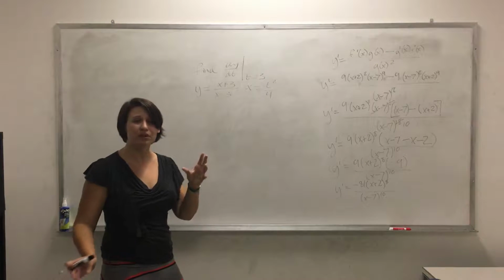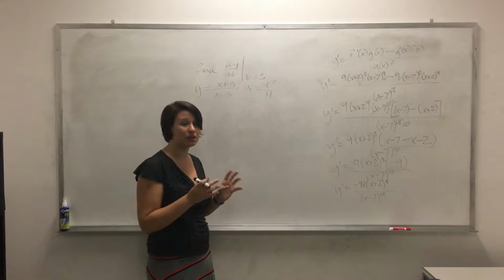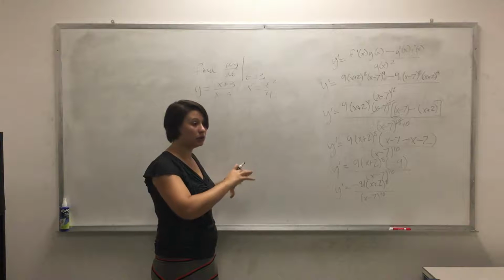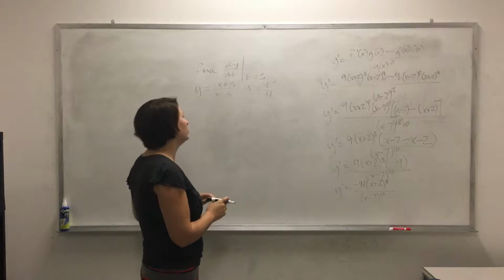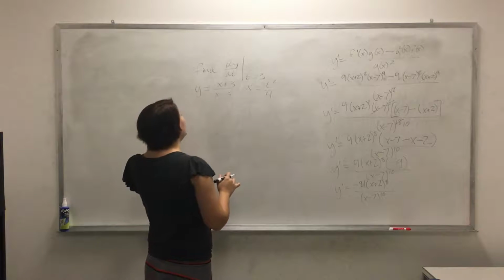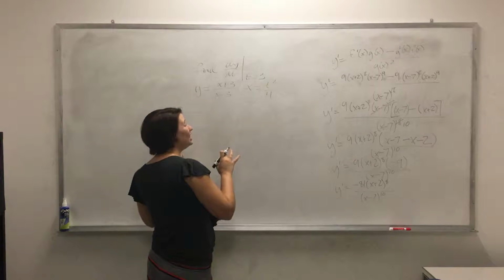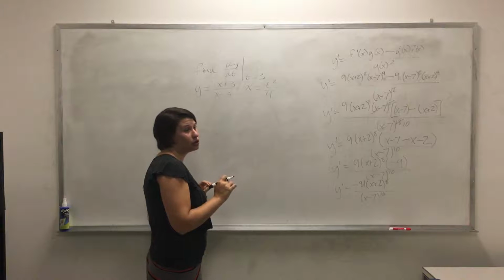Now, we did the other one, the substitution method. So let's do this one, the separate, multiply, then substitute method. So we have both versions. So that means we need to take the derivative of each of them separately first.